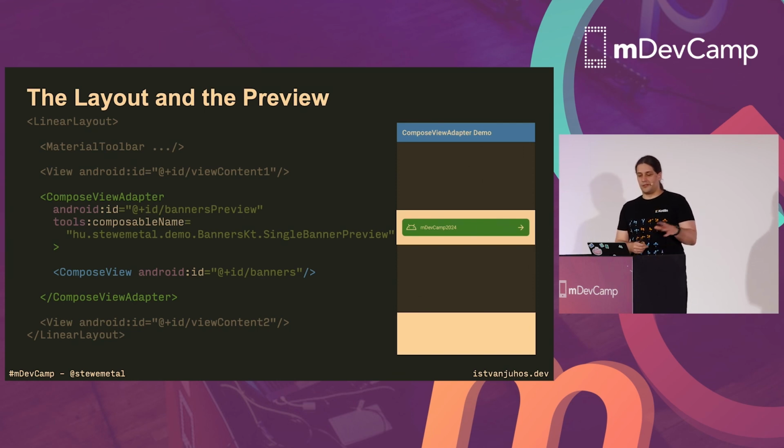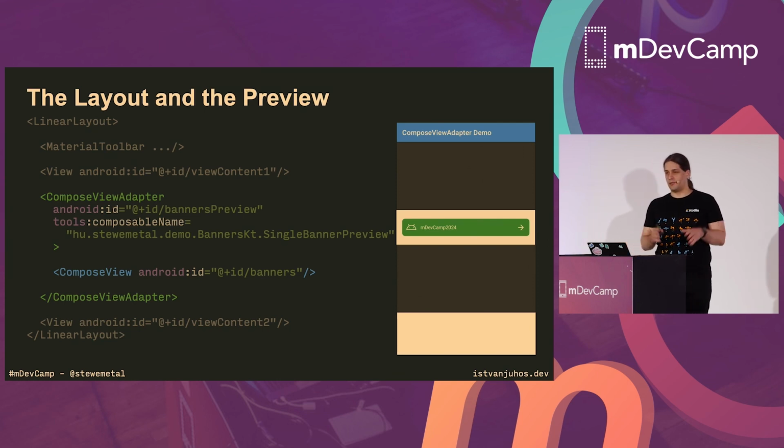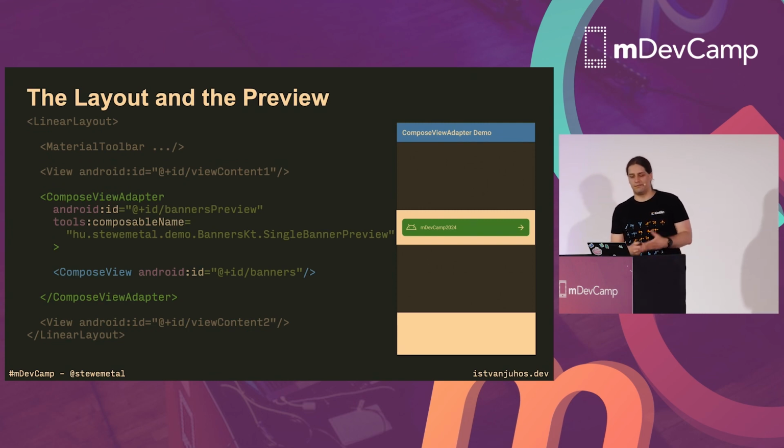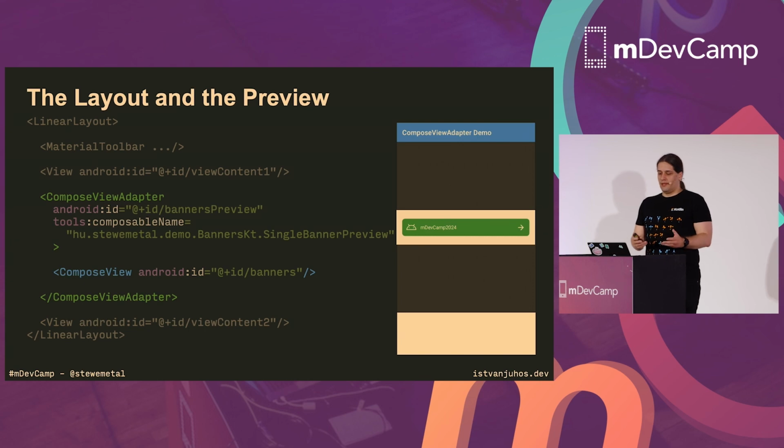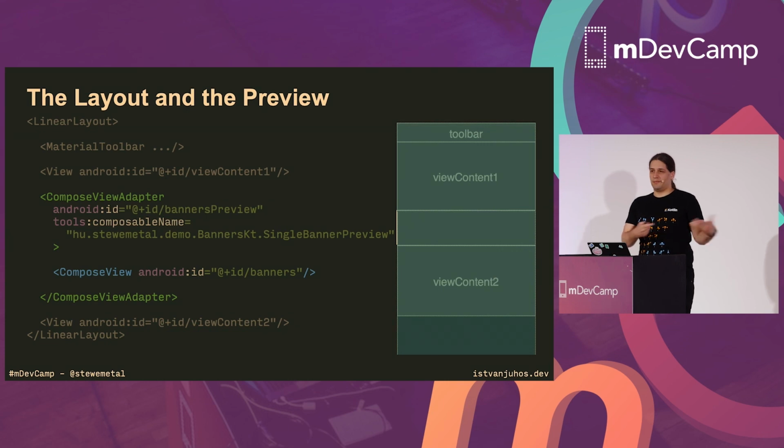Also, just to note that compose view adapter in production, so if you build the app and you're not examining the layout in the layout preview, it will do nothing. It will act just like a frame layout, so it will add minimal overhead in runtime. Okay. And the space is actually there. We can see in the blueprint, and we can see that the view actually now has a height. So it's not a zero height something in our layout, but it actually has height, and it's not just the padding there.